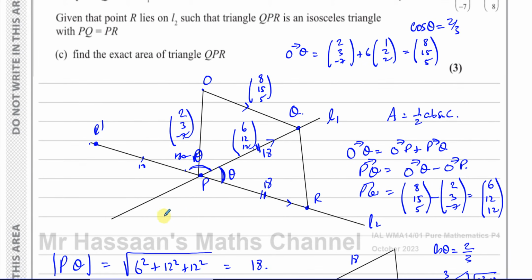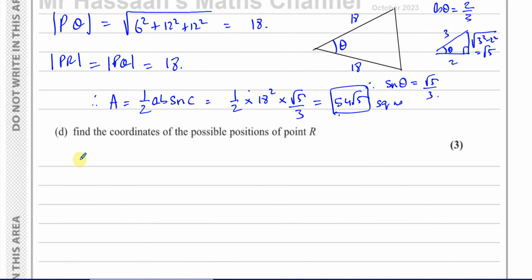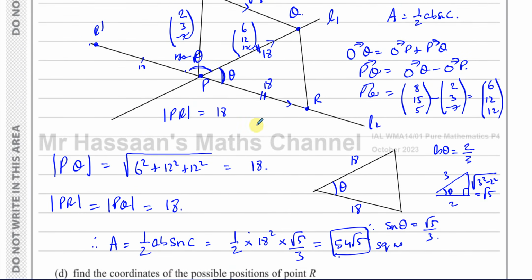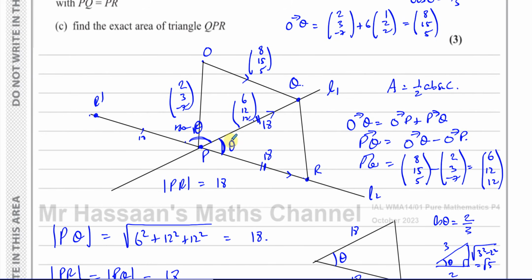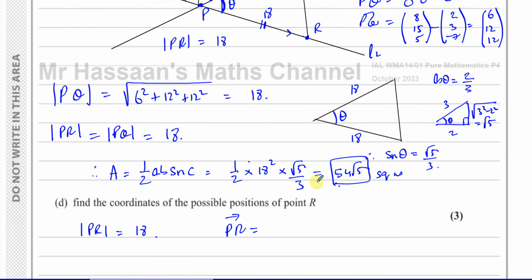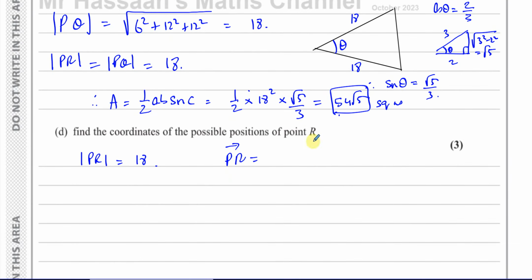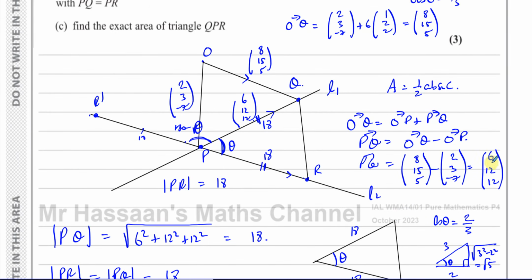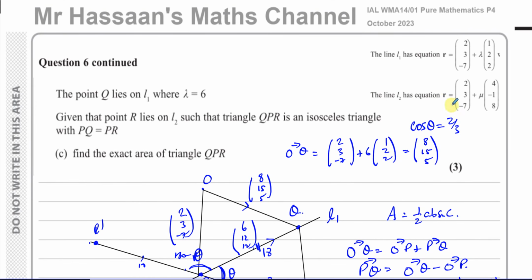Now what I know is the magnitude of PR is 18. And I know that the vector PR is in the same direction as line L2. So PR is some multiple of the direction vector of line 2, which is going in this direction.